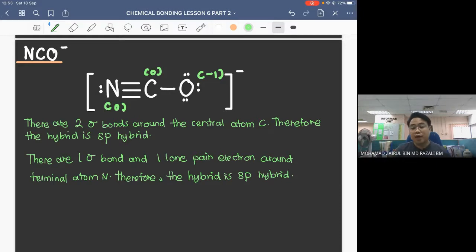So, kita akan tengok apa signifikan formal charge negatif ataupun formal charge positif nanti. Okay, so since there are 2 pi bond around the central atom carbon, therefore the hybrid on the carbon is sp hybrid. Okay, sebab nitrogen itu ada multiple bond, so awak kena juga buat hybrid untuk nitrogen.